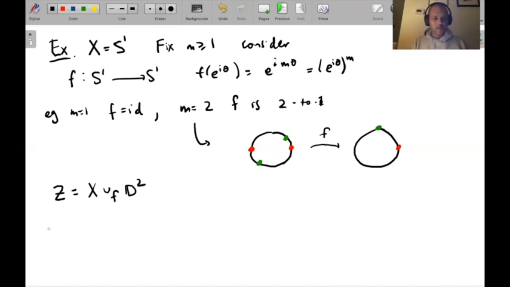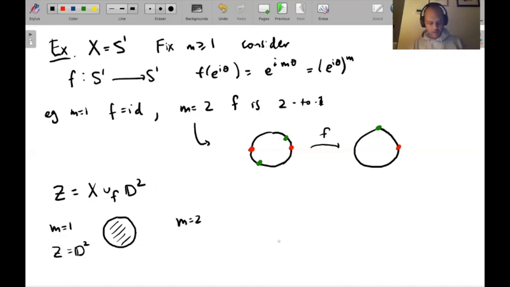So for example, in the case m is equal to 1, we're not doing something so interesting. We're taking a circle and attaching a disk to the boundary by the identity map. And so in this case, Z is just the disk. In the case m is equal to 2, we get something slightly more interesting. So here we're attaching a disk to the circle by a 2 to 1 map.